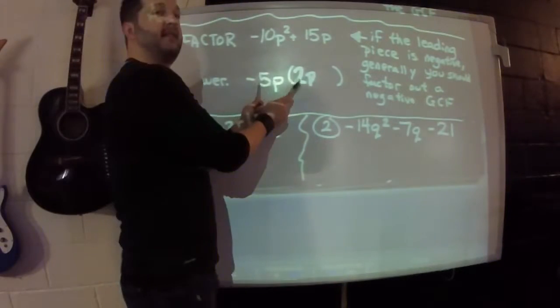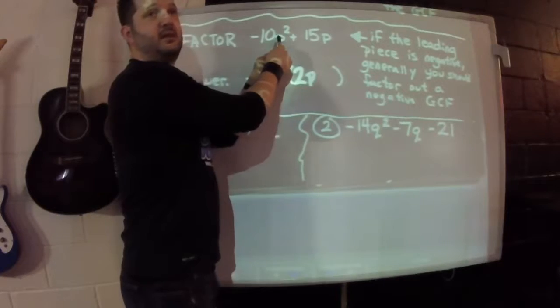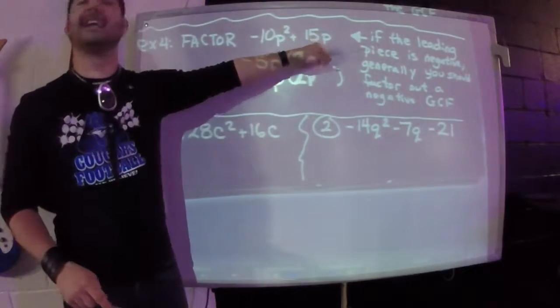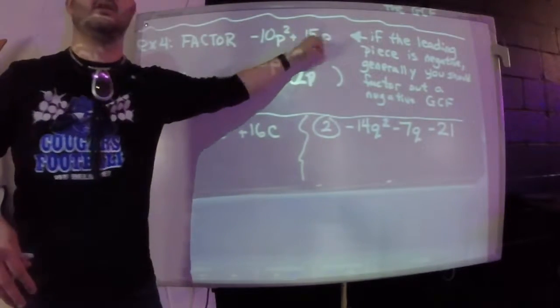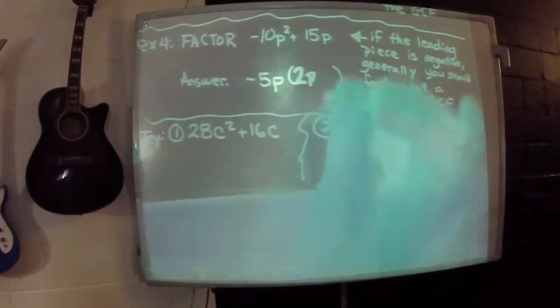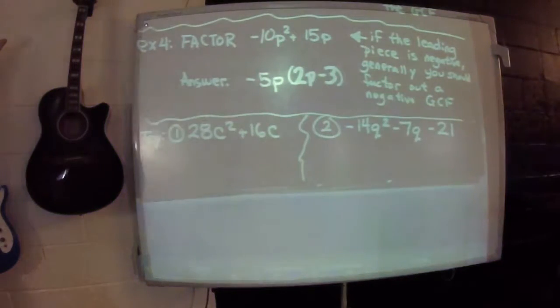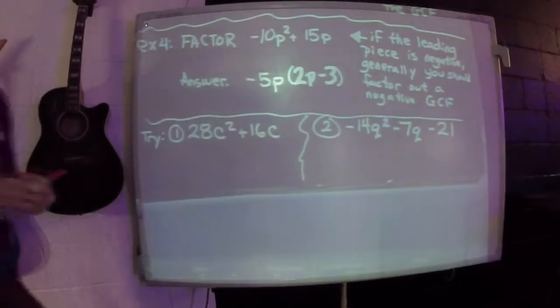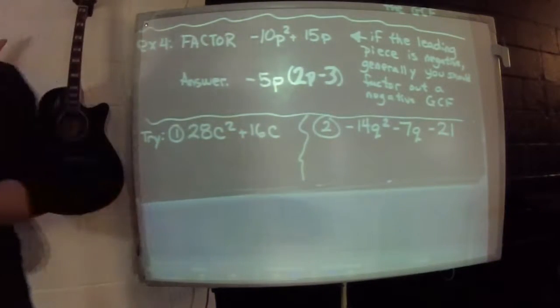Remember, if you remultiply, this should make negative 10p squared. It does. Now do this one. Take a negative 5 off, so 15 divided by negative 5 makes what? Negative 3. And if you take 1 p off it, there's nothing left. And that's what we got. So that's negative 10p squared, and that's positive 15.